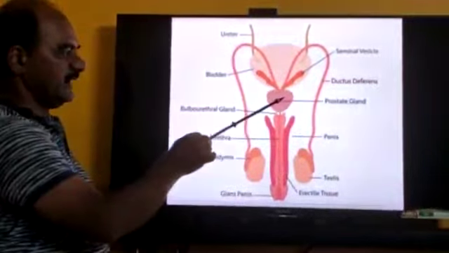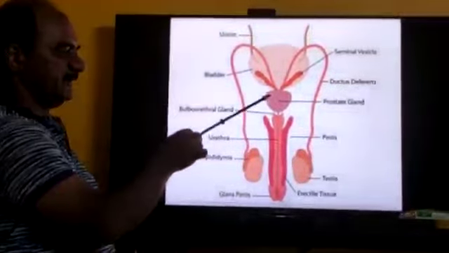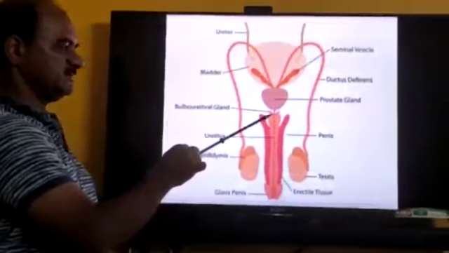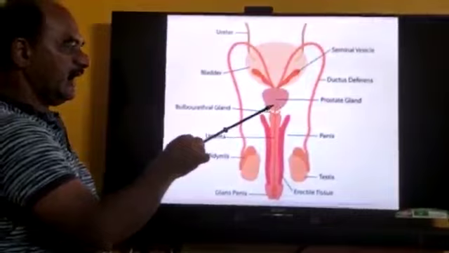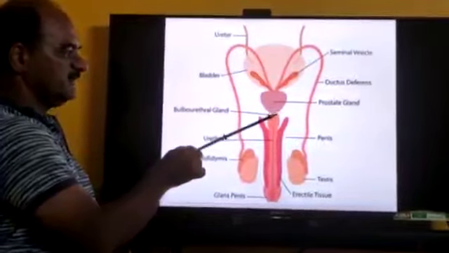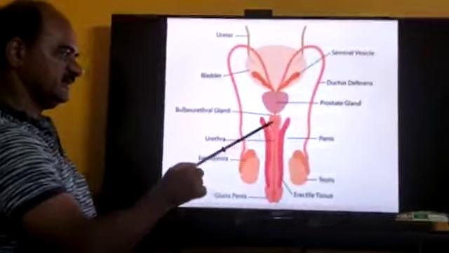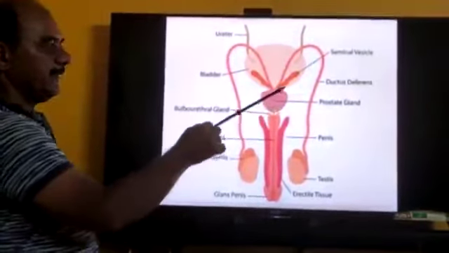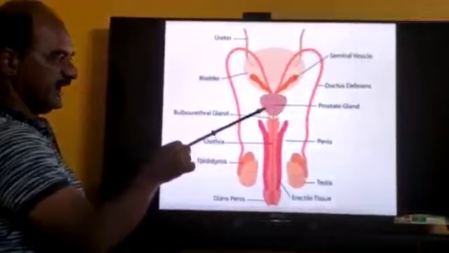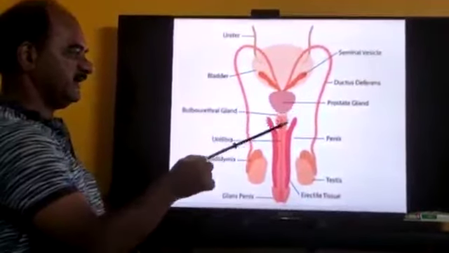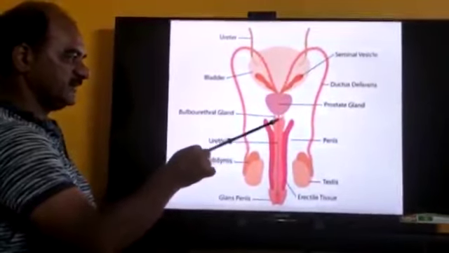Below the prostate gland, the prostatic urethra is present. Then the membranous urethra is present in this region, and here the pea-sized bulbourethral gland is also present, which will be seen later. Where the prostate gland is present, the prostatic urethra is present. Here the membranous urethra is present.